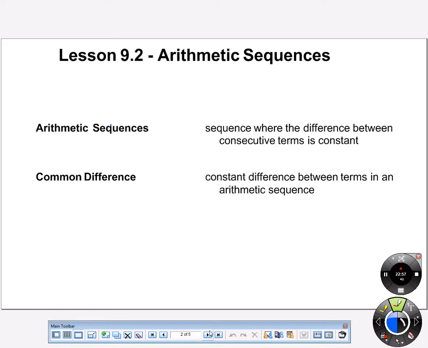If it's going down by 2, we call it minus 2. Okay? So it's the change from first term to second term to third term. And next to common difference, you can write a lowercase d. Okay? Because we use the letter D notation-wise to represent that when we don't have it yet.